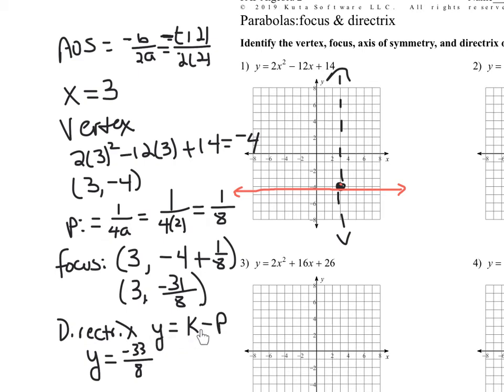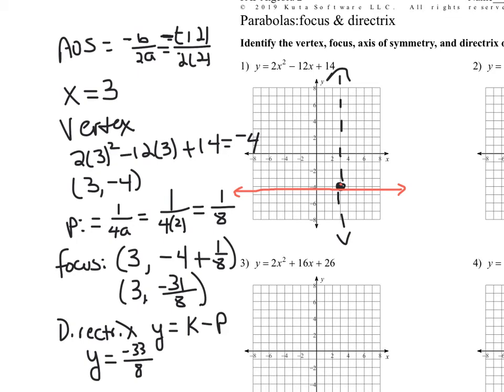And then the directrix is a line. In this case, it's a horizontal line because it runs perpendicular to my axis of symmetry, which is a vertical line. So my directrix is a horizontal line, and it's in the opposite direction from my vertex that my focus is. Okay, but it's the same distance. So it's 1/8 away from my vertex. So I did the best I could to draw a line here to show this directrix.